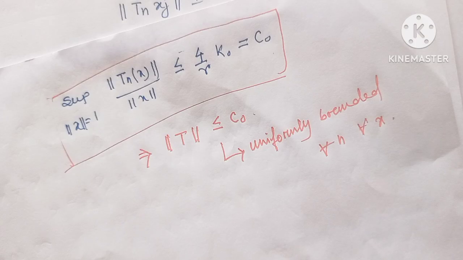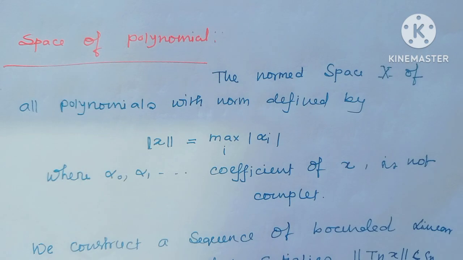I hope all my viewers have understood clearly. Okay. Now I will see one example. Space of polynomials. The normed space X of all polynomials with norm defined by norm of x equal to the maximum of mod alpha i, where alpha naught, alpha 1 are the coefficients of x, and this space of polynomials is not complete.